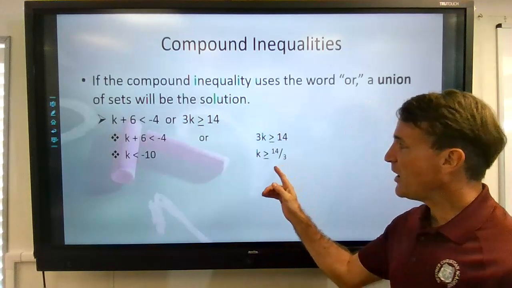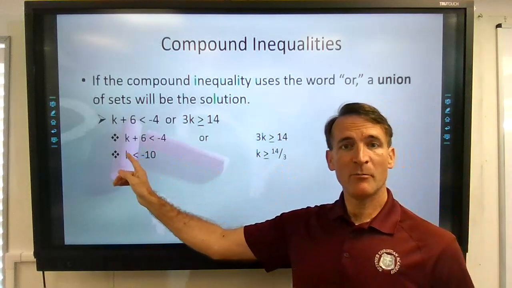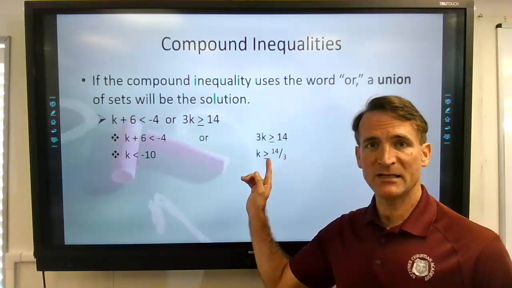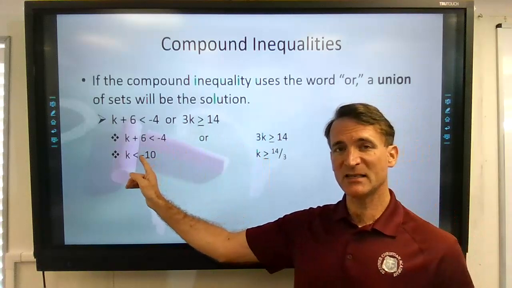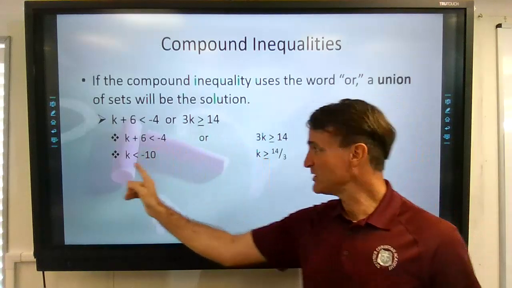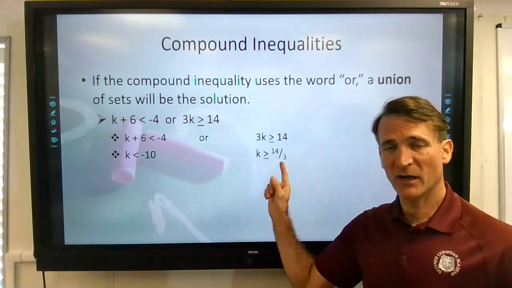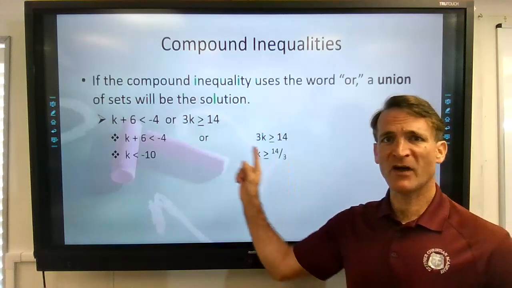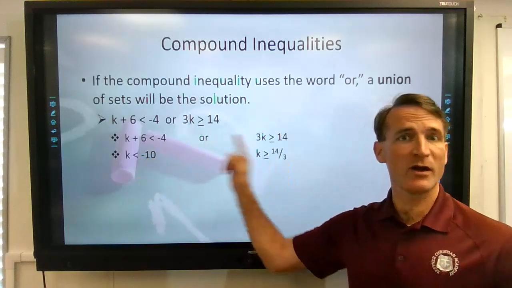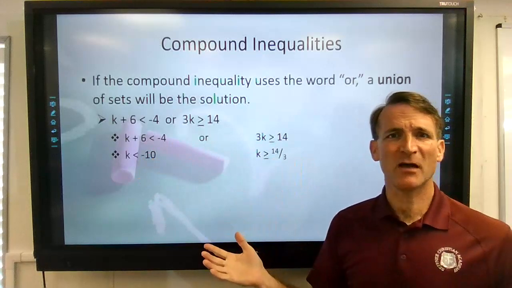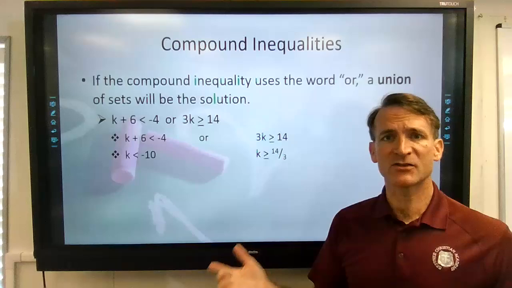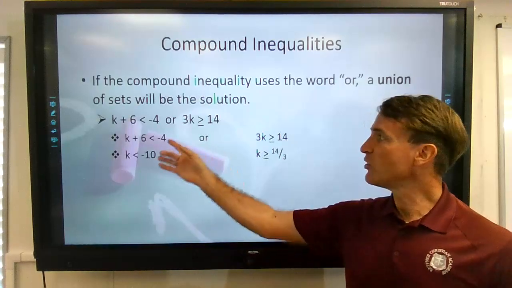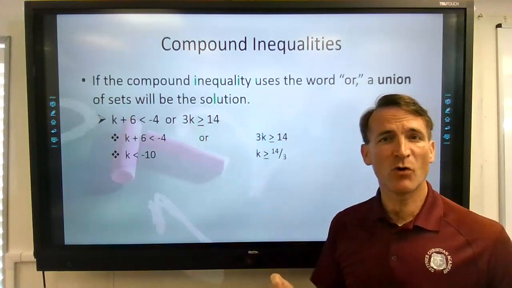Now, are there values that would fit both of these simultaneously? Can I have a value that's less than -10 and at the same time greater than a positive 14/3? Well, I can't have a value that's less than a negative and greater than a positive value at the same time. No number fits that solution. So this is what we call a union of sets because it's an or.